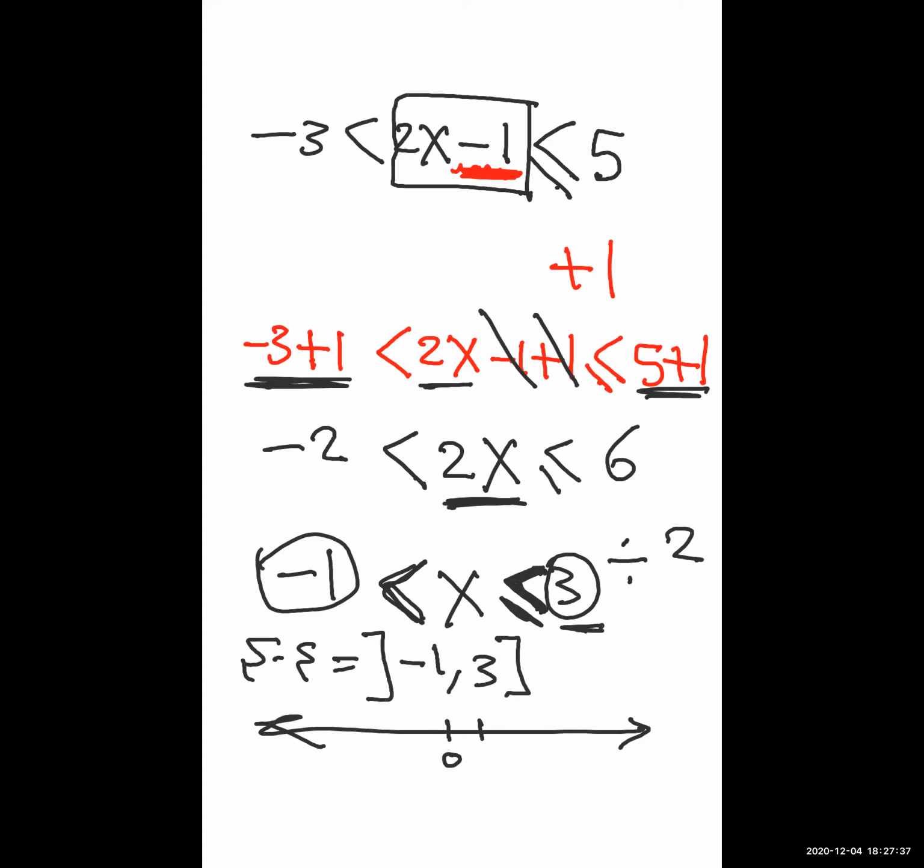Okay, so 0, 1, 2, 3, and here negative 1. On the side of negative 1 it's open, so an unshaded circle. On the side of 3 it's included, so shade 3, and then shade the distance in between, like this.